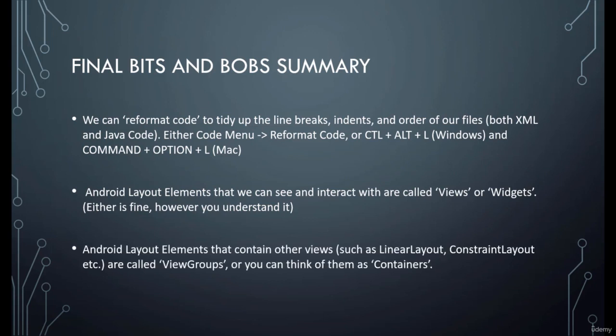And then the layout elements, which can have other things inside them, like linear layout or constraint layout, for example, that we've seen. These are called by Android view groups because they can contain lots of views, a group of views. And you can think of them as containers as well. Okay, so take that on board. We'll be referring to this throughout the course from this point. Okay, let's get started.